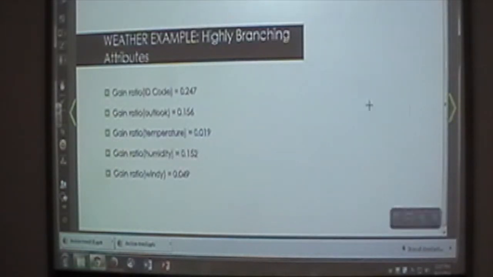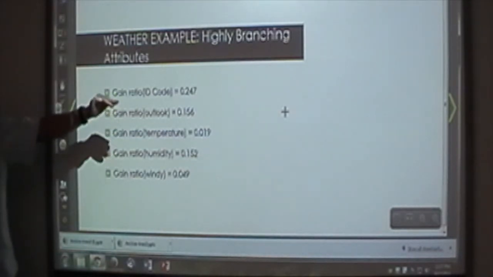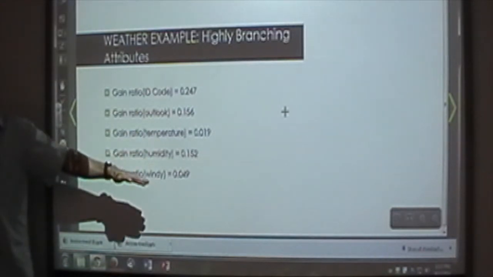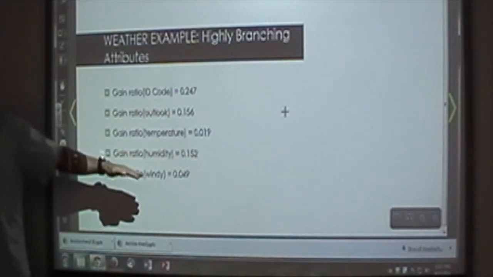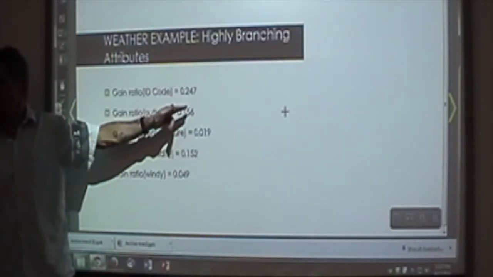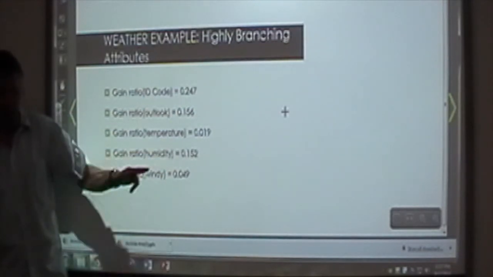If you do compare it, it's still not perfect. We still have a larger gain ratio for the ID code than for the other nodes. But notice it went from 0.940 down to 0.247.